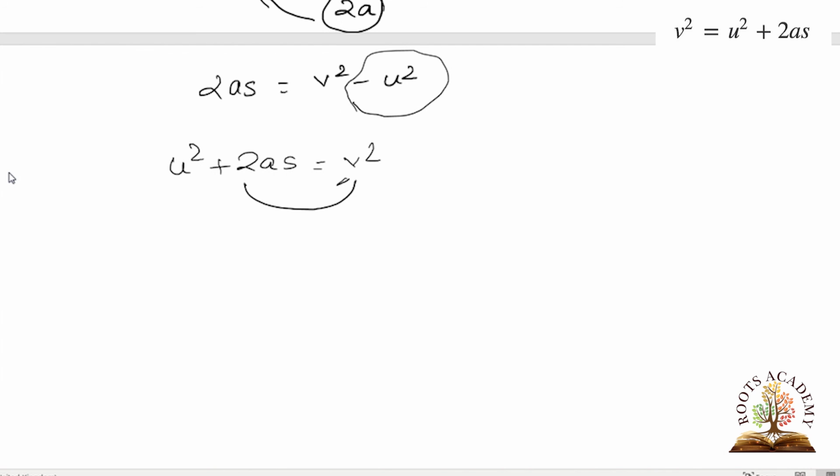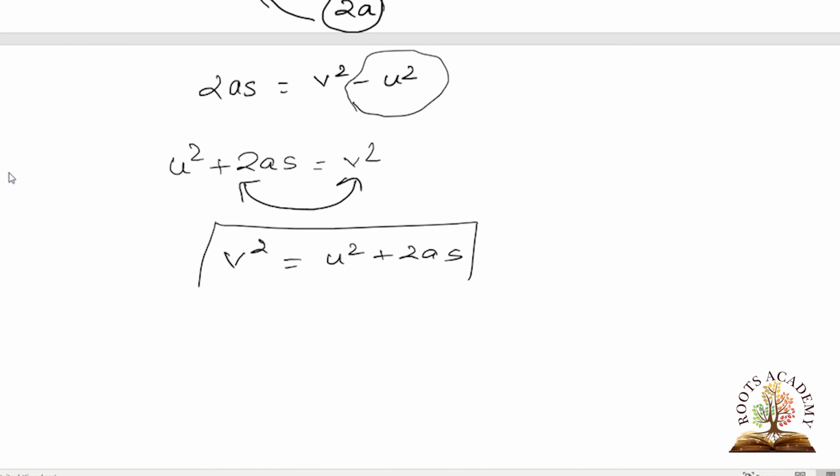Now we are going to replace this left hand side with right hand side. So now the equation will become v² = u² + 2as, which is nothing but our third kinematic equation. I hope everyone understood this clearly, and these were the three equations explained in a very simple format.